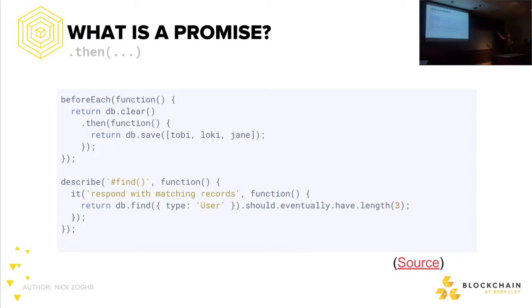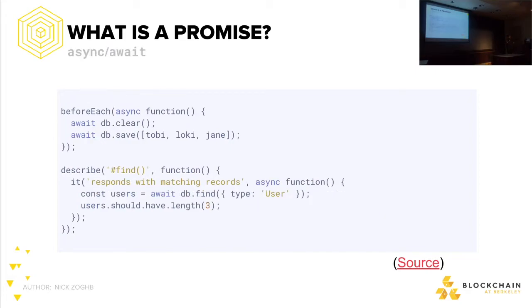Nowadays, people use async await, where you tell it at the very beginning: this is an asynchronous function, so I'm going to be using await calls. And basically, what await does is it waits before progressing in a sequential manner. Does this make sense?